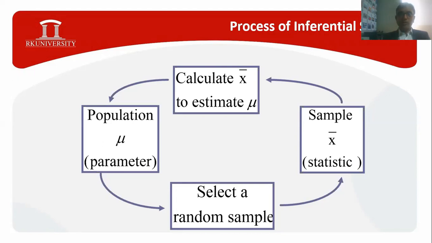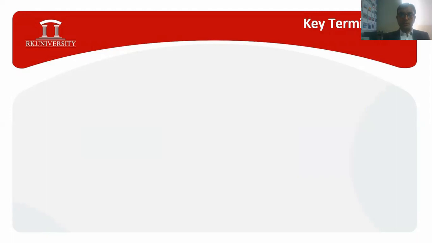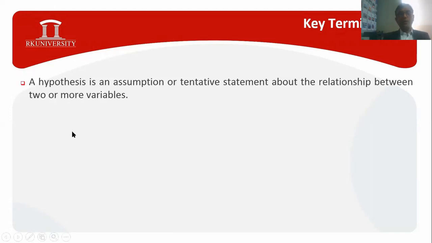Generally, when we talk about inferential statistics, we often come across the term hypothesis. Now, what do we mean by hypothesis? Yes, generally the first word that comes to our mind is assumption. That's true. So a hypothesis is basically an assumption or a tentative statement about the relationship between two or more variables.